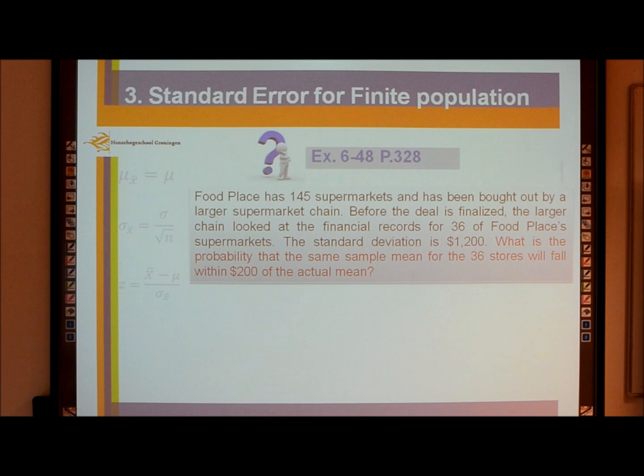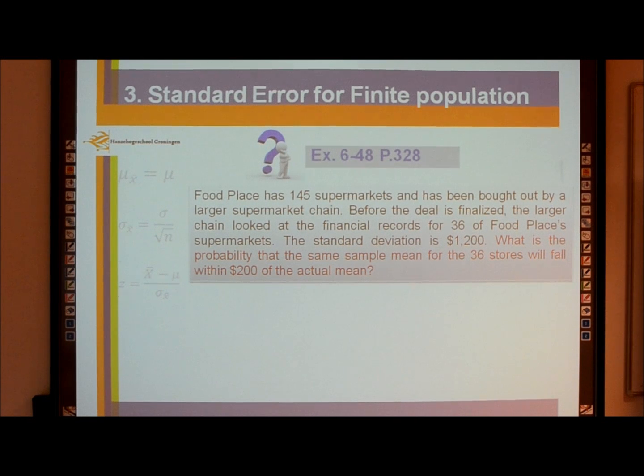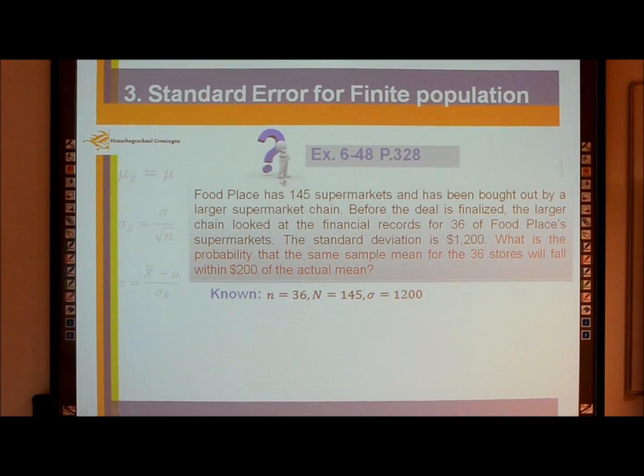What is the probability that the sample mean for the 36 stores will fall within $200 of the actual mean? In this question, you already know the sample size is 36 because you only look at 36 supermarkets. The population size is 145 because in total, Food Place has 145 supermarkets. And the population standard deviation is 1,200.